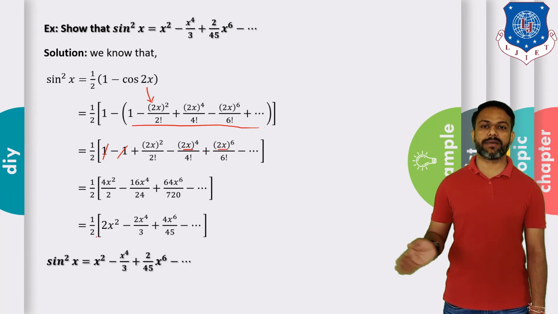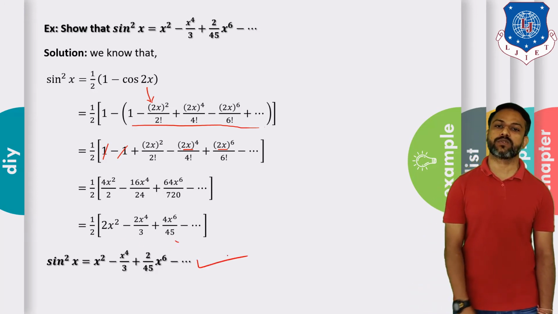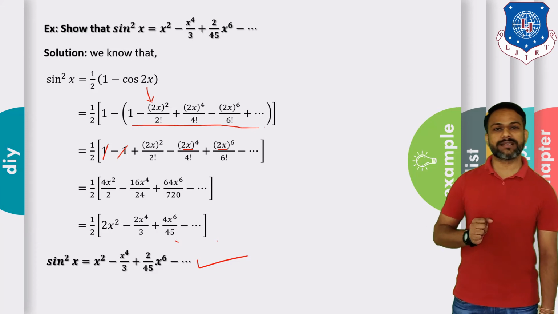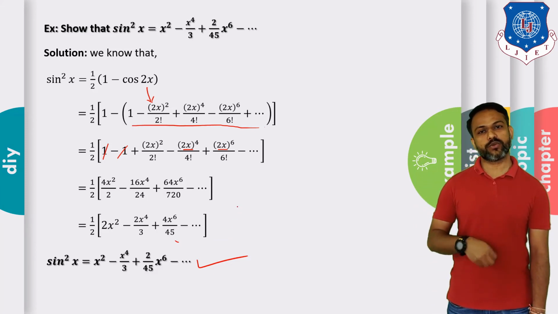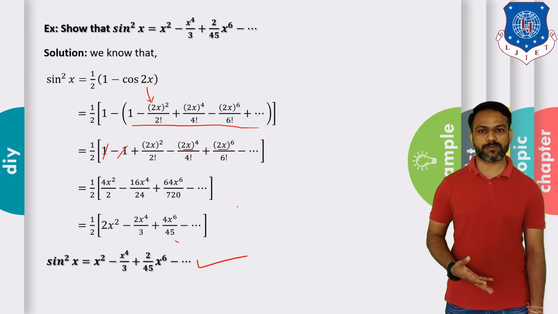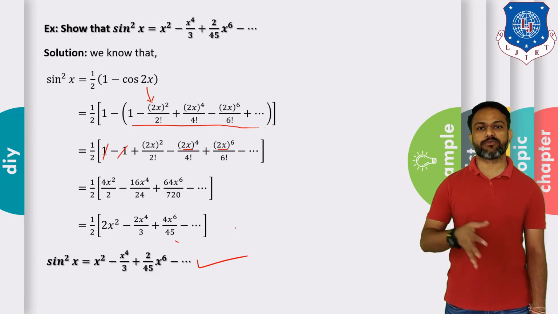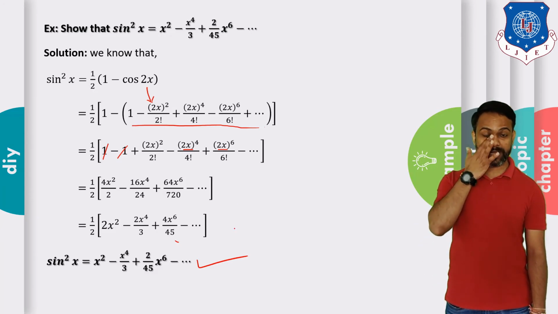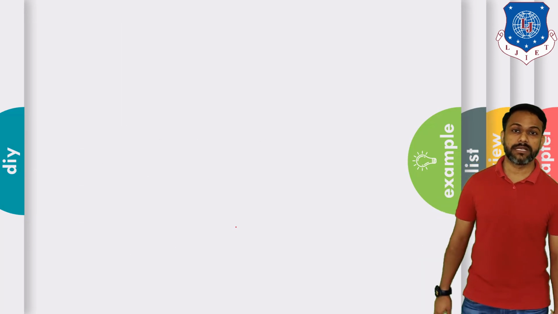Now by dividing each term by 2, we have the final answer for sin square x. So you can see how we use the standard expansion. You can also use the standard expansion in such examples where you know some basic formula of trigonometry.